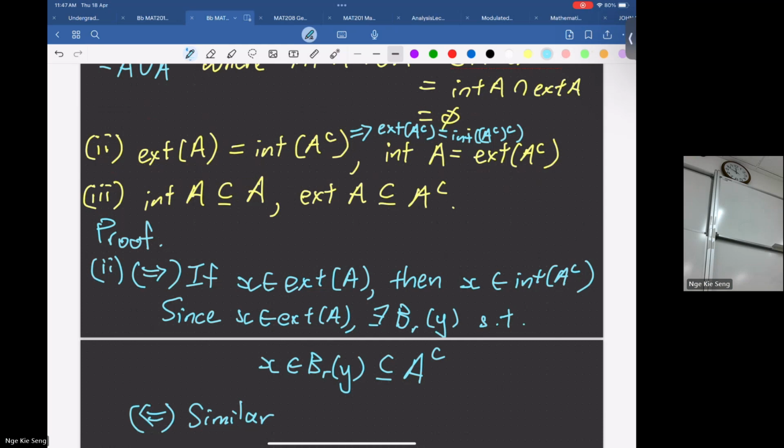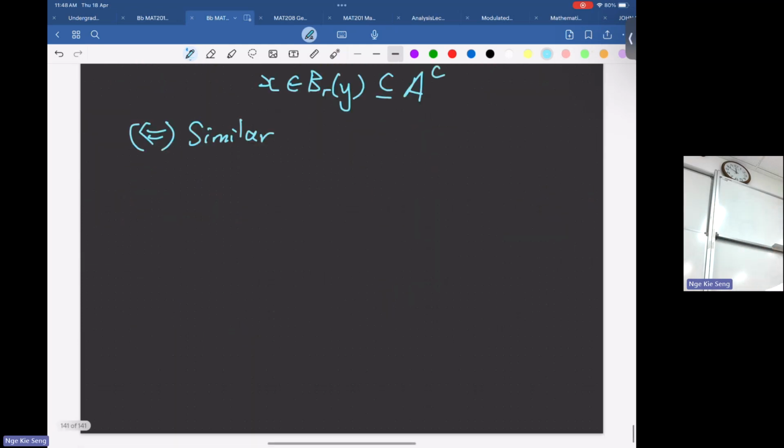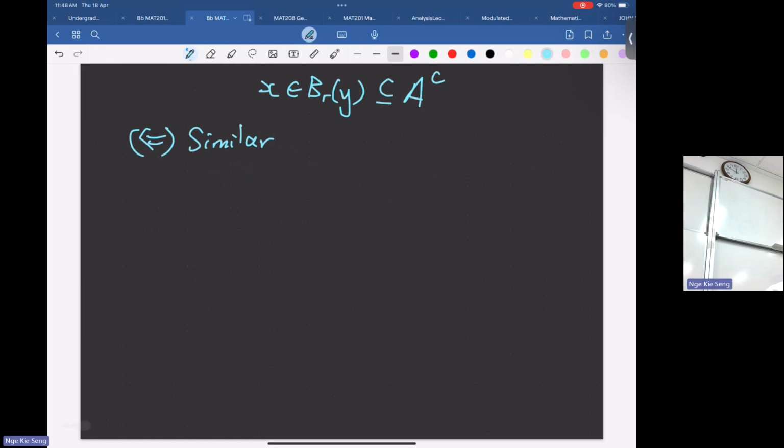But how about the other direction? Why is it not always true? You need to think about a counterexample. Maybe later in the course we will see some counterexample. All right. Next, let's go a bit further before we take a break.